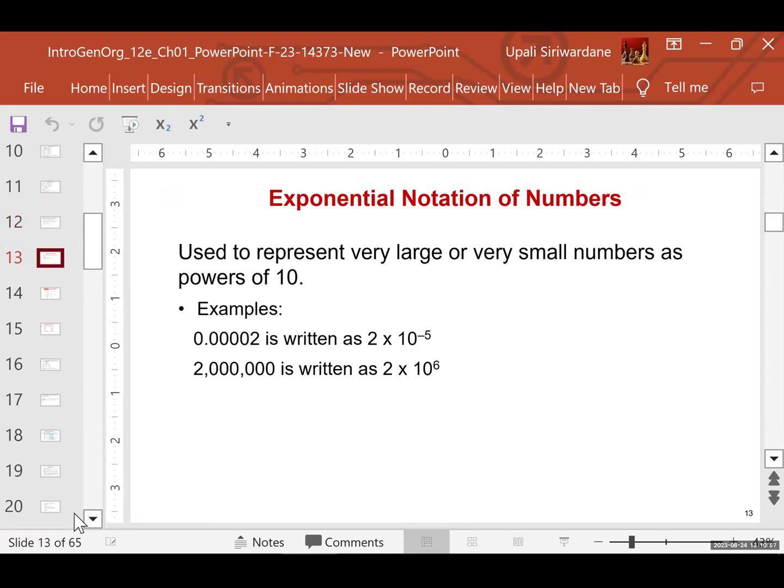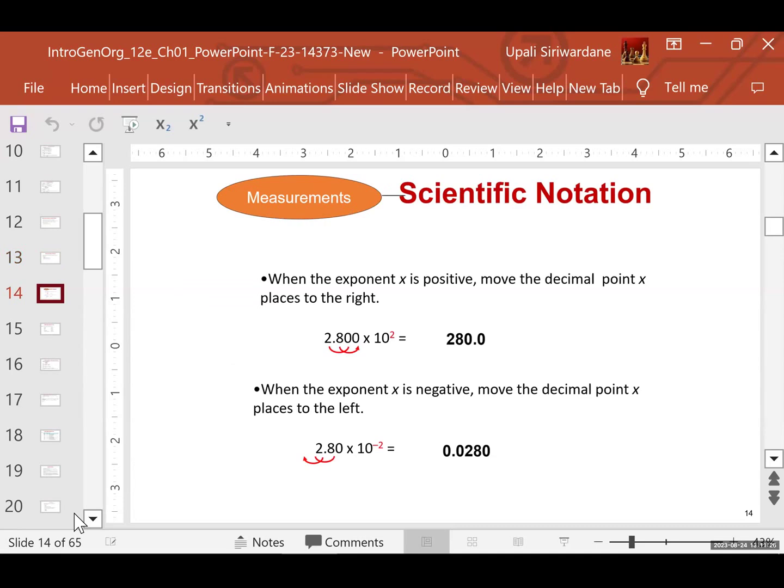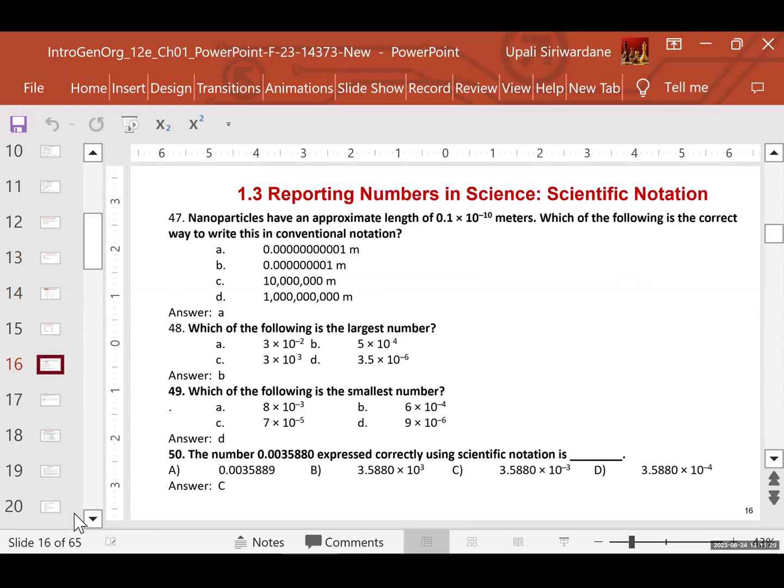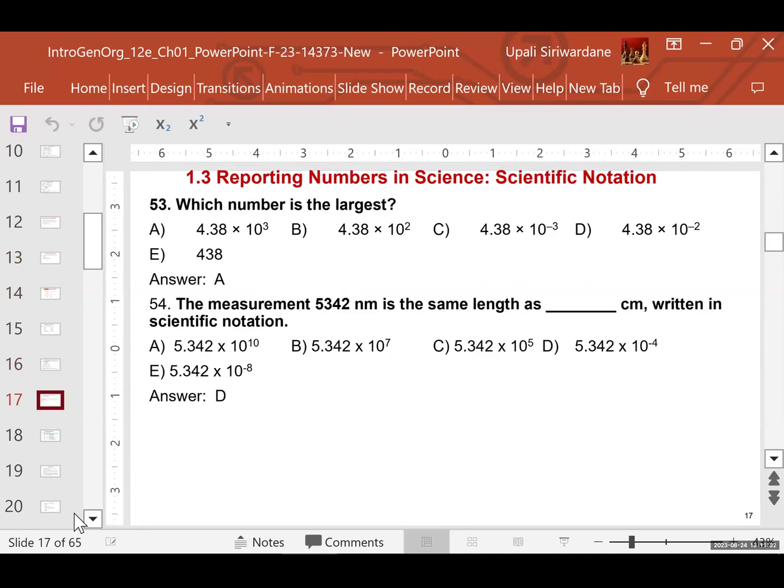We also talked about how to express measurements in scientific notation, exponential notation. So you should be able to do that. If you are not sure about it, go through Zoom meeting 1 and go through the examples I have given. Scientific notation, I went over the examples. No need to repeat Zoom meeting 1.